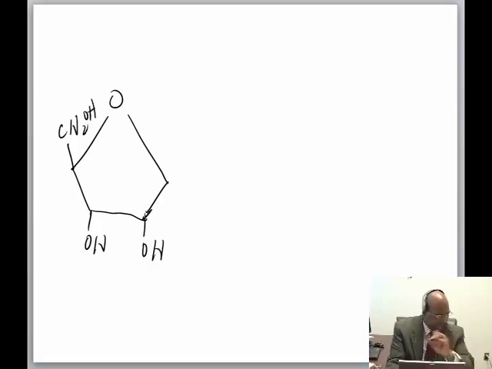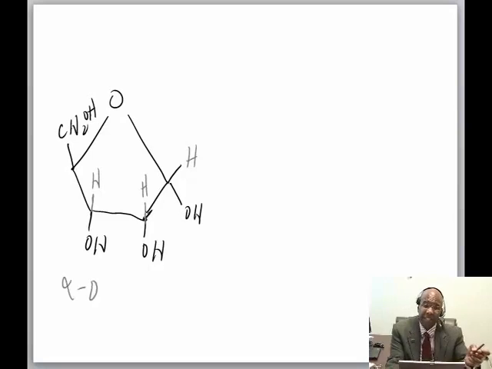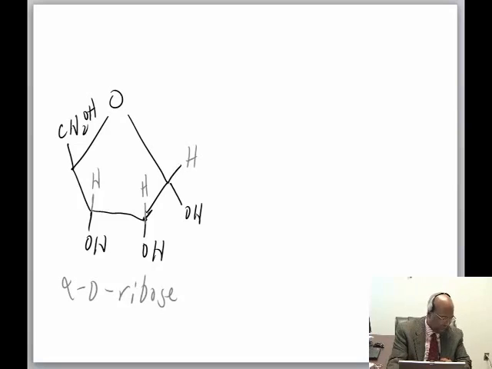And let's do alpha again, just to make our lives simple. And we'll put our H up here, H here, H here. And so this is alpha D. Now we know it's alpha D ribofuranose, but we're just going to put alpha D ribose. Okay, so that's alpha D ribose.